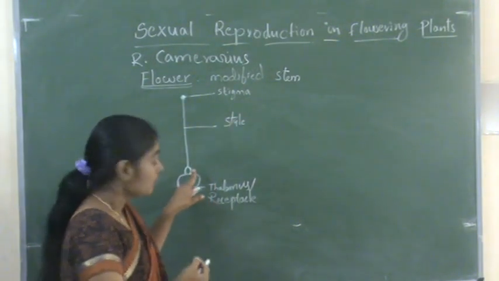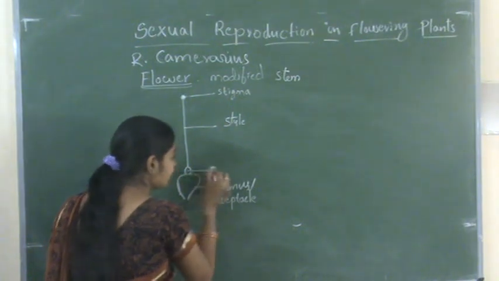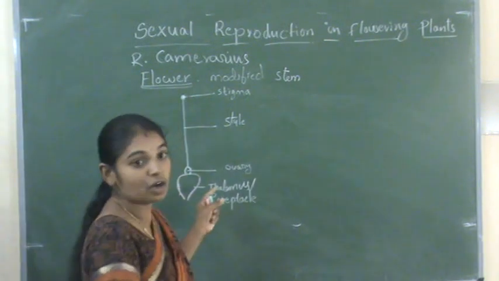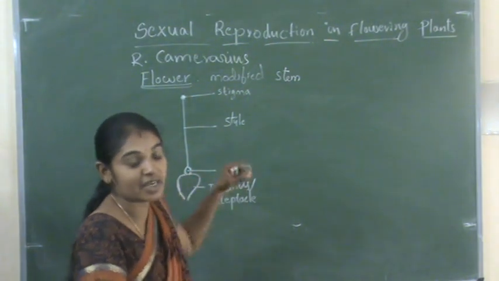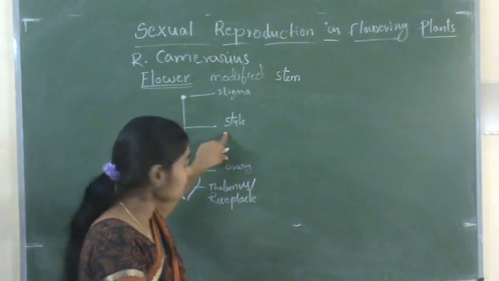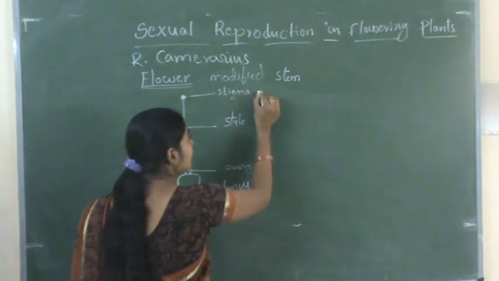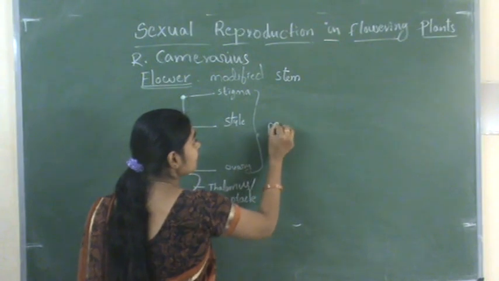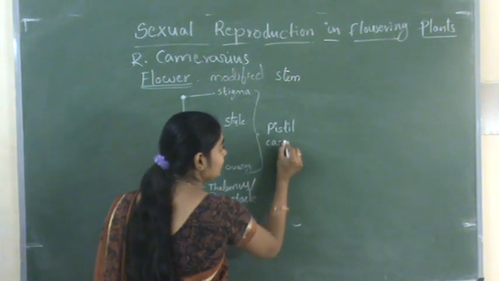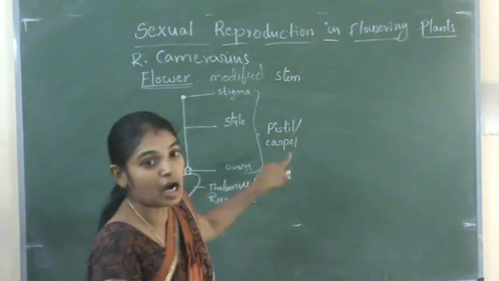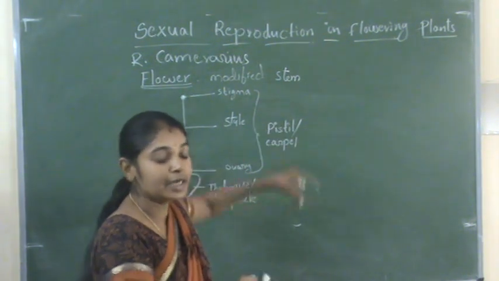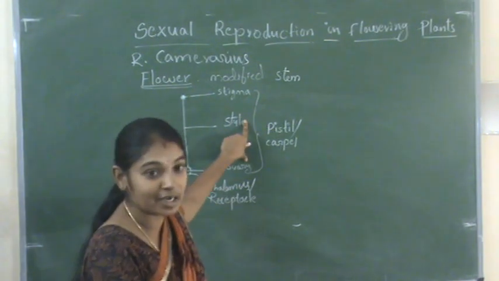The bottommost part, which is again the swollen part, is called ovary. This ovary consists of ovules in which eggs are found. So this entire structure, stigma, style and ovary, these three together are called pistil or carpel. This is the female reproductive part, and together this structure is called gynoecium.